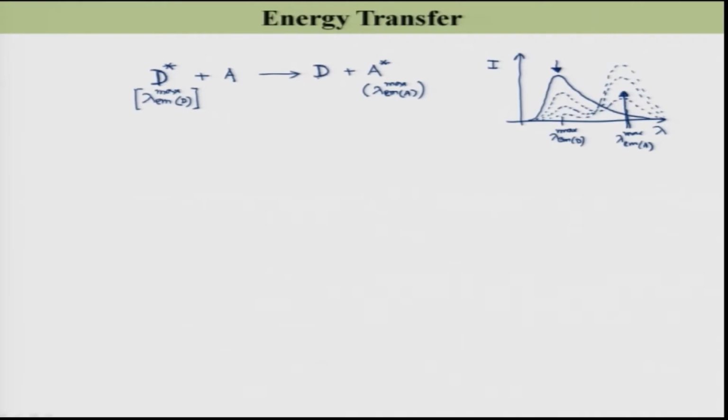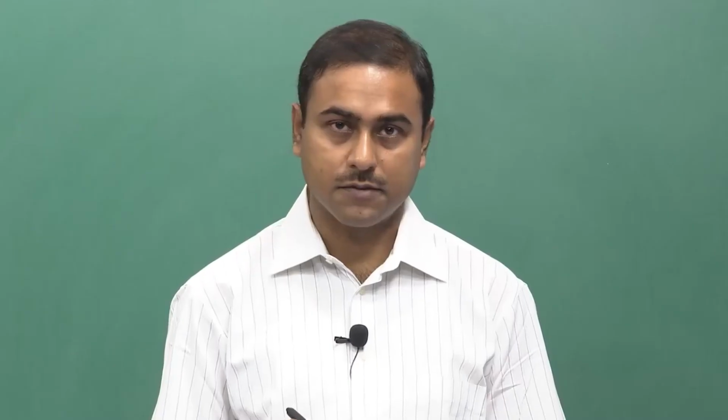Now, D is in the ground state and A is in the excited state. So, by denoting with star, this D star is my energy donor and this A is my energy acceptor. So, we simply write this as donor and this as acceptor.